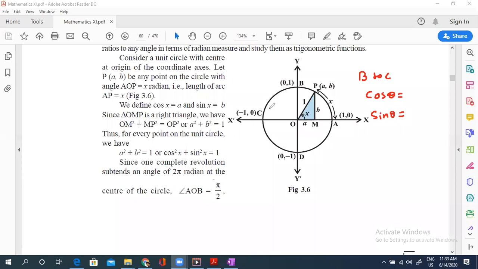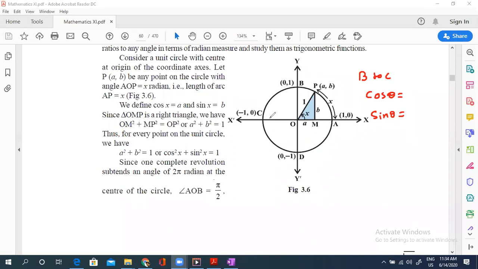Yes, very good. So cos theta. Now you might be thinking that cos theta will increase. Yes, it will increase in value. But see this direction, is it the positive x-axis or negative x-axis?